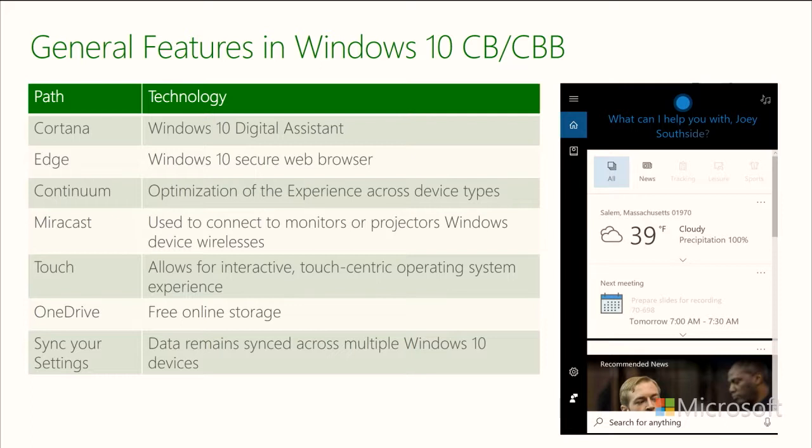And of course, Edge is our most secure web browser that we've ever produced. Recent tests from third-party companies have shown that it even has better battery life than some of the competing browsers, and it's more secure than the competing browsers. Continuum as one of the features, same experience across your devices.